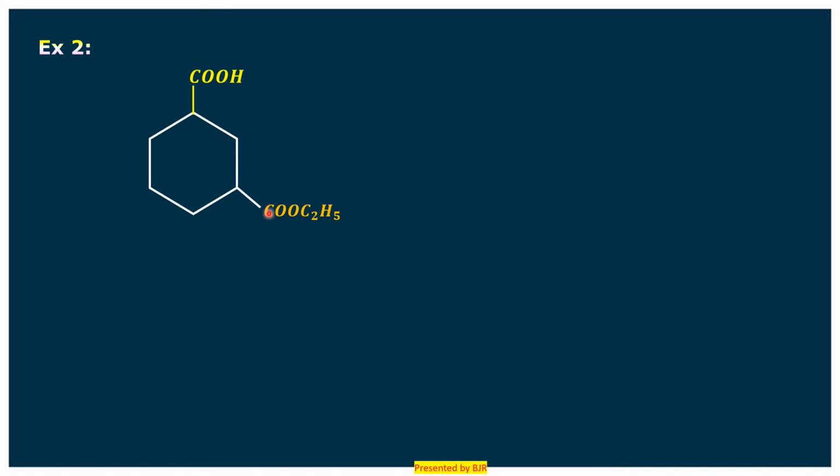Between these two, the COOH functional group has the highest precedence according to the seniority table. For that reason, it should be taken as the principal functional group and the other functional group will be treated as the substituent. Numbering is done starting from this functional group in the clockwise direction.